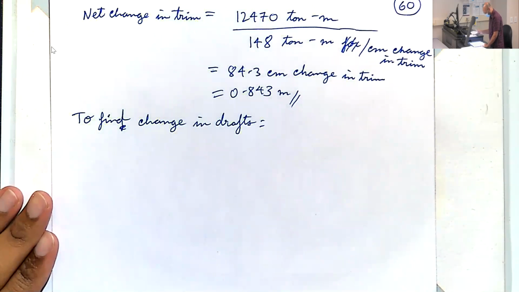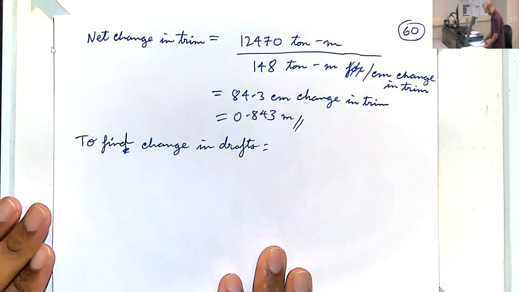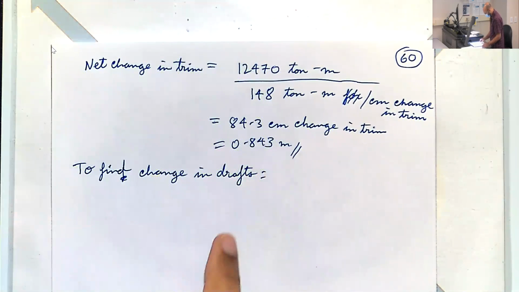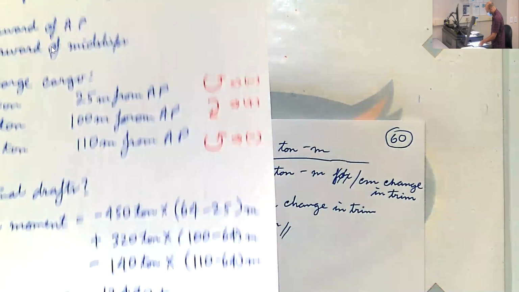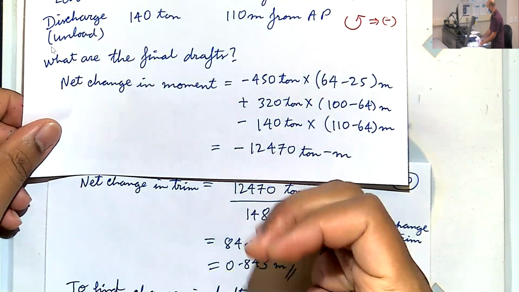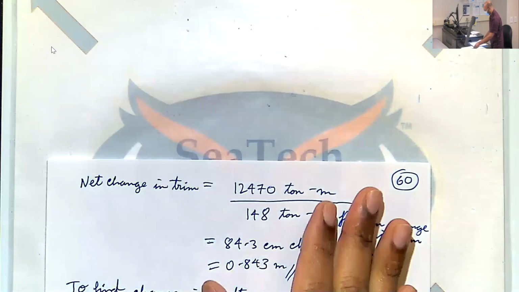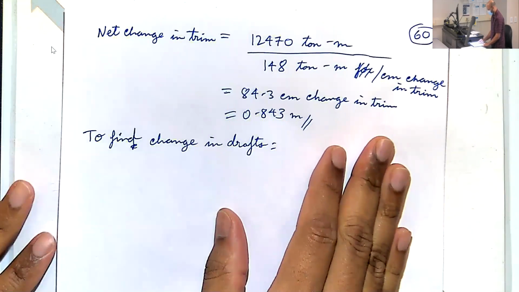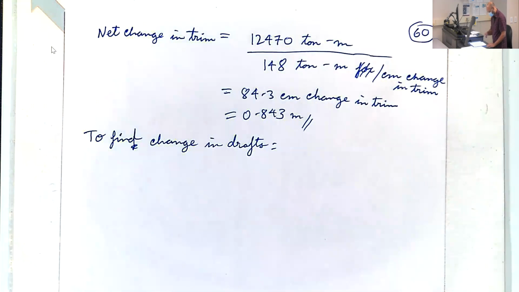Let's do a sketch. This time, let me think about it before I draw it. A negative moment, meaning we are out of plane. So nose up means it should be slanted down. No, forward. Okay, think. So change in moment is negative, positive, negative. Nose up. Okay, so it should be slanting down.